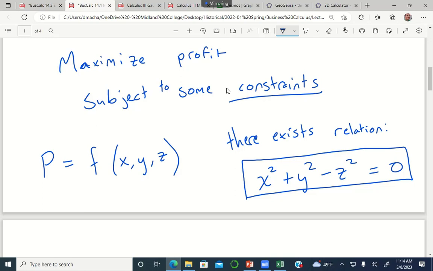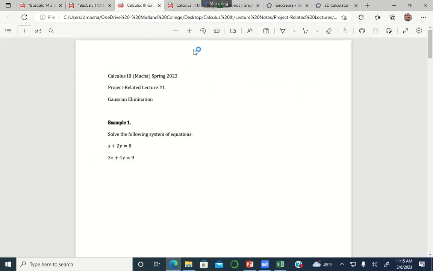So if I only considered this function, then I'd be in trouble, because probably the maximum that I'm figuring out of this function does not necessarily respect my relation. And so the method of Lagrange multipliers is going to be a way where we can say, what are the optimum points, or the critical points of my multivariable function subject to some specific constraint relations between my independent variables. And so, again, we'll get back to that after spring break.